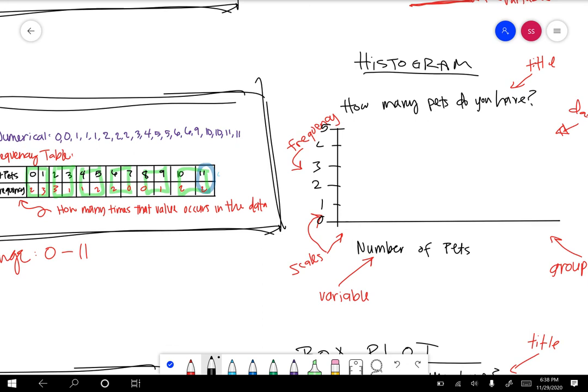Actually, what I want to do is this, just because I don't have a ton of space here. So this is going to be 0 to 1, 2 to 3, 4 to 5, 6 to 7.